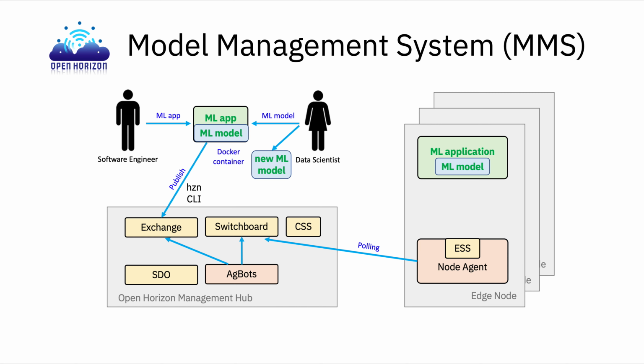So when that new model comes along, you could go through the same process again, where the new version of the ML model is built into a Docker container containing the old version of the app. You publish that and go through the process that I described.